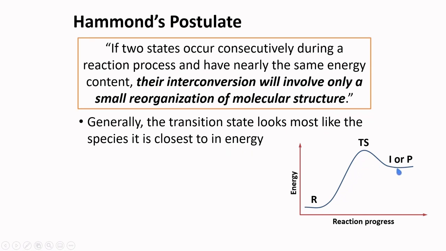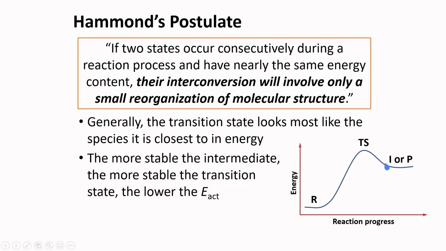Because the energy of I or P is closer to the energy of the transition state compared to the energy of R, the structure of the transition state is likely to be similar to the structure of I or P. And based on this, we can say that the more stable the intermediate, I, the more stable the transition state, the lower the EACT.